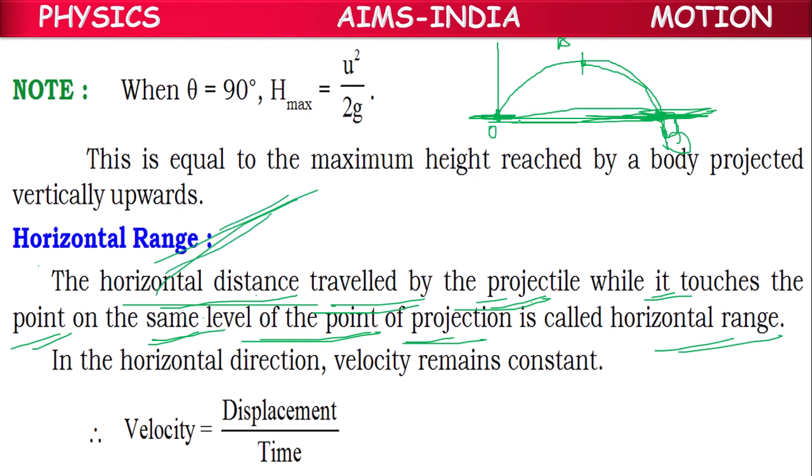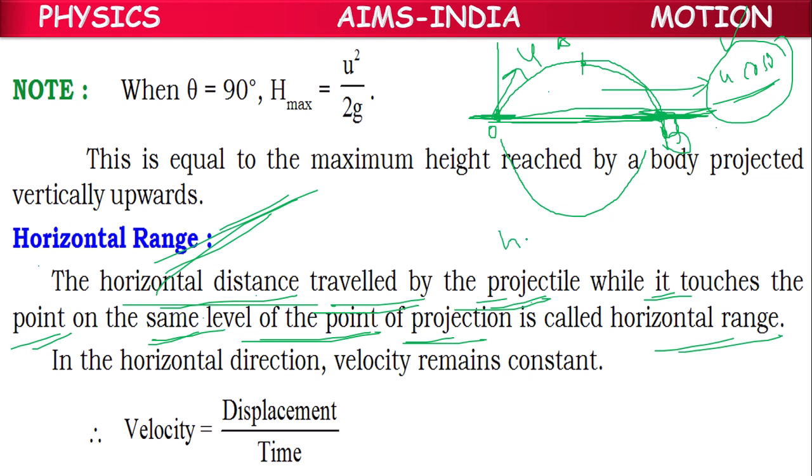So while we are considering the horizontal range, we have to consider the horizontal component of velocity. Suppose we have thrown with u, the horizontal component of velocity is u cos theta, which is always constant.